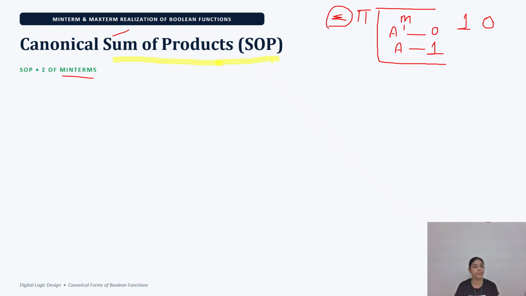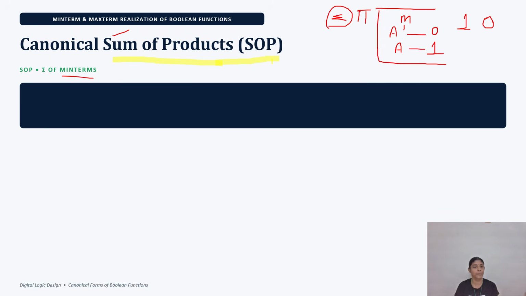So sum of products, that is a sum of minterms. So check over this canonical SOP, right? What is this canonical SOP? It is the OR of every minterm for which the function's output f is equal to 1. And I have given you the basic gates also. There are three basic gates: AND gate, OR gate, as well as the NOT gate.